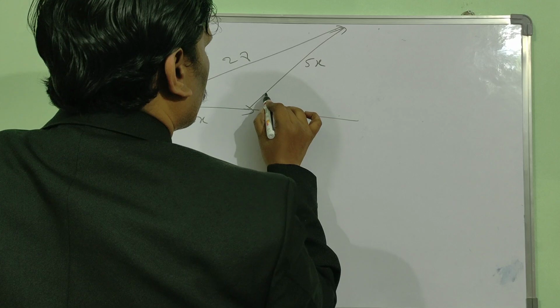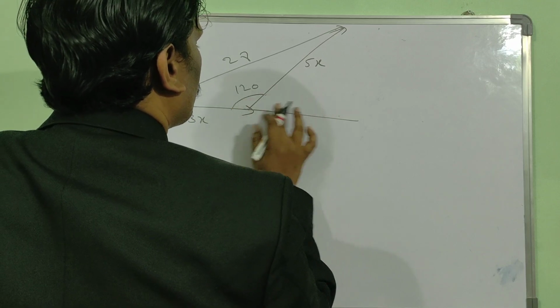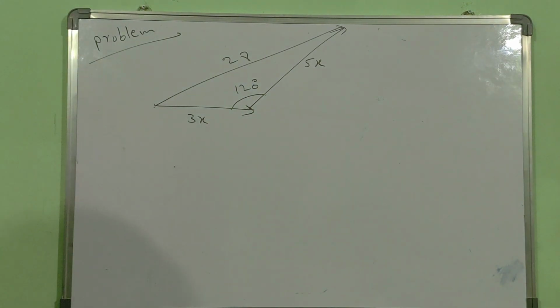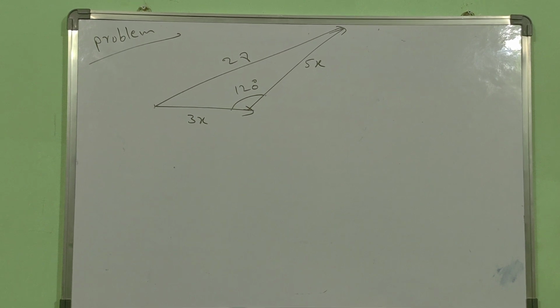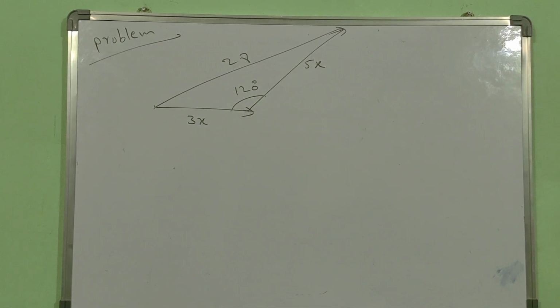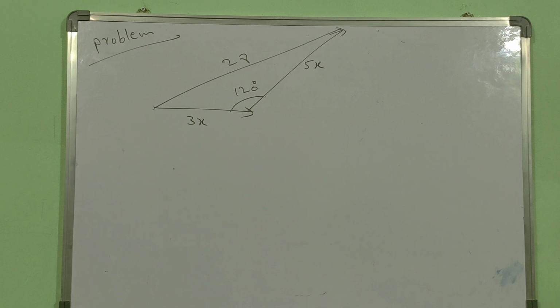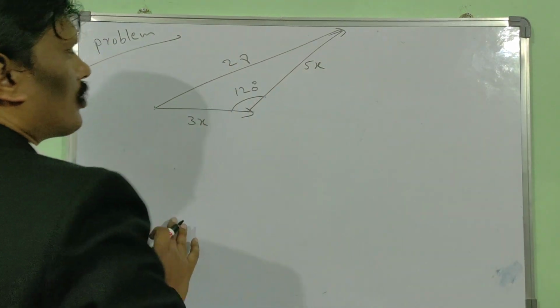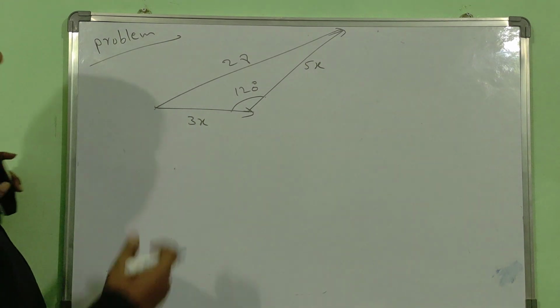The angle given is 120 degrees. So we need to calculate this problem: this is the 3x, this is the 5x, and this is the 28, with 120 degrees given. How to calculate? Students, try to solve it; that's why I gave a little bit of time.